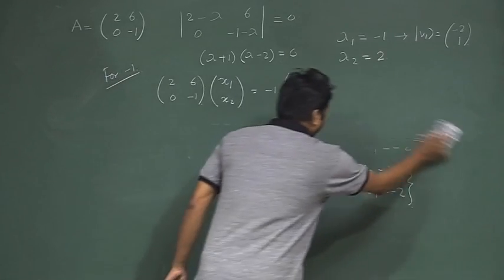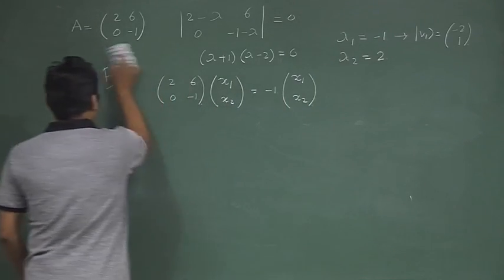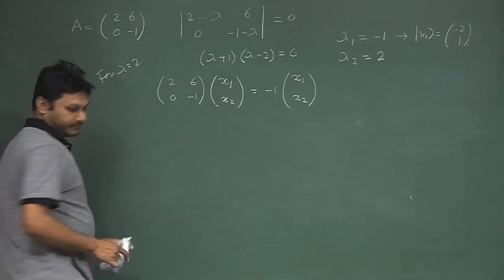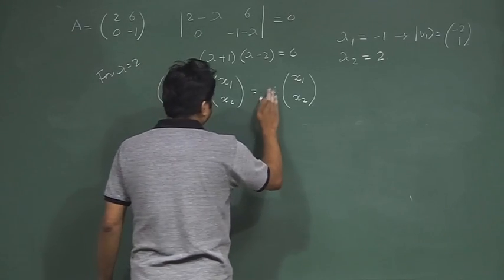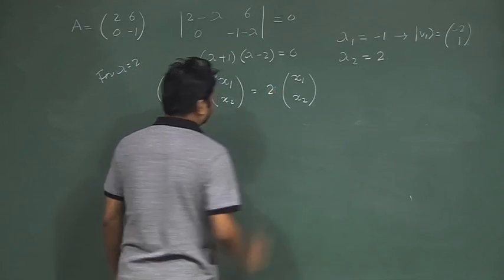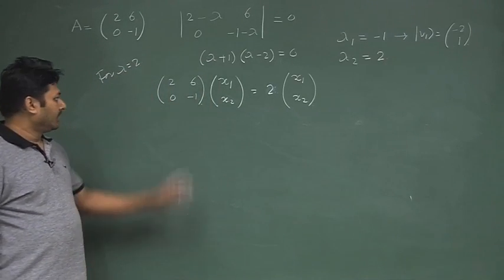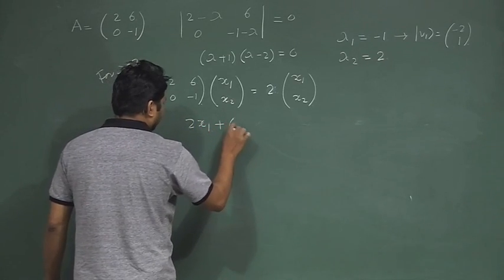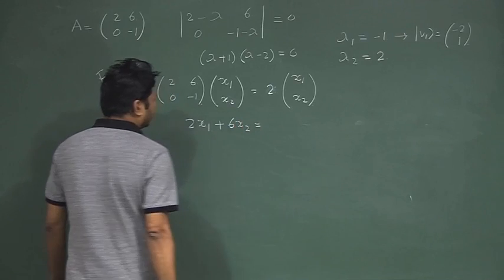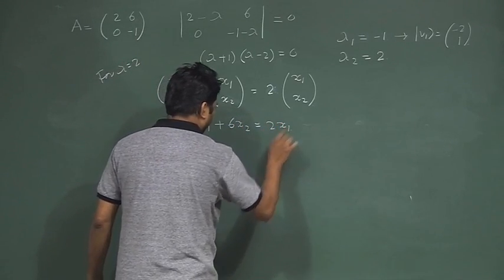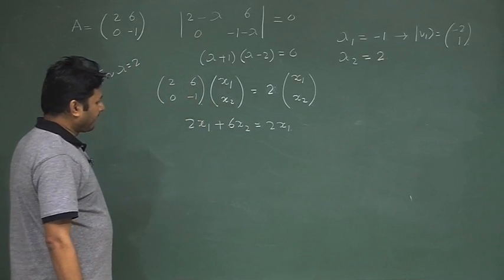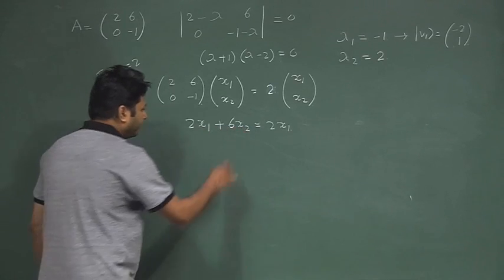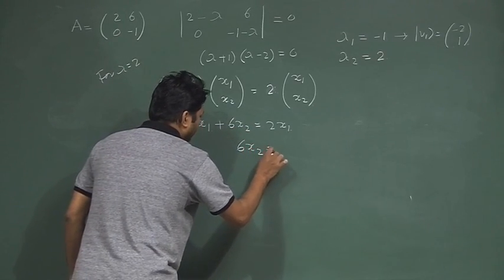Now I will do the same thing for the other, for lambda equal to 2. For lambda equal to 2, I need to replace this with 2. Now I need to calculate once again. So 2x1 plus 6x2 is equal to 2x1. So here x1 cancels out. So I find 6x2 is equal to 0.